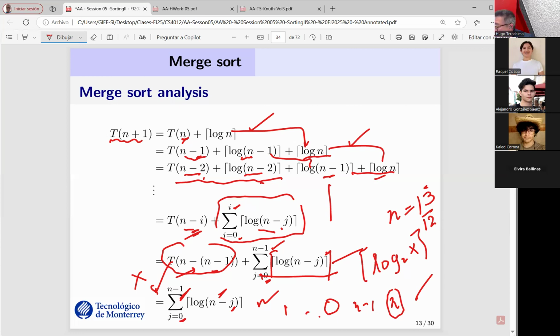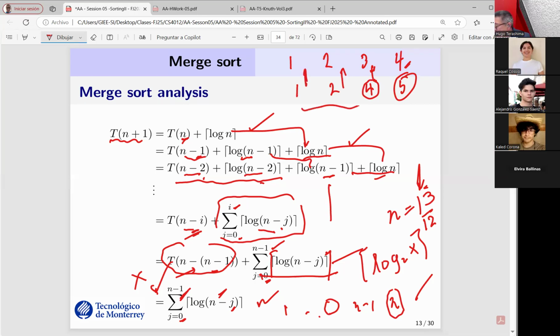So you're going to have 1, 2, 3, 4. For this case, since n is 13, you have 13, 12, 11, 10, 9, 5 elements with this value, 4 elements for this value, 2 elements for this value, 1 element for this value.